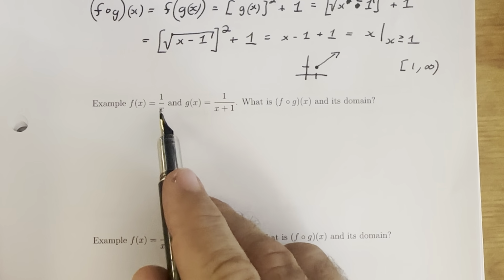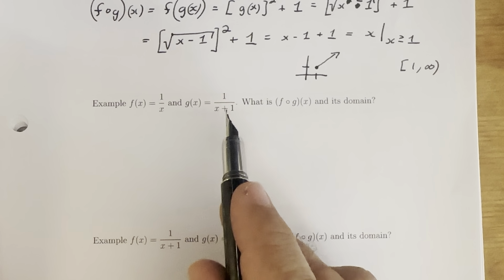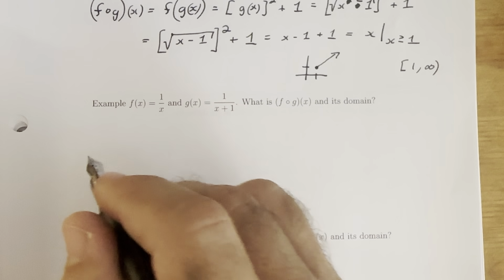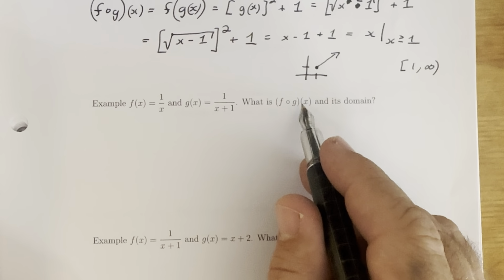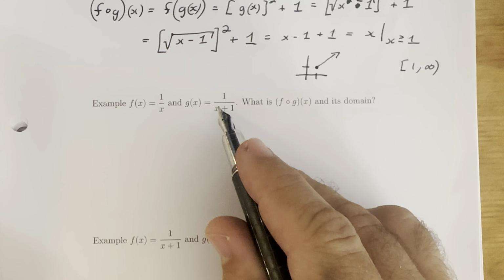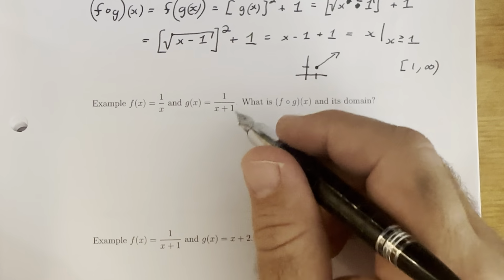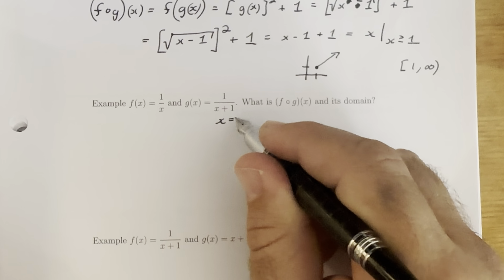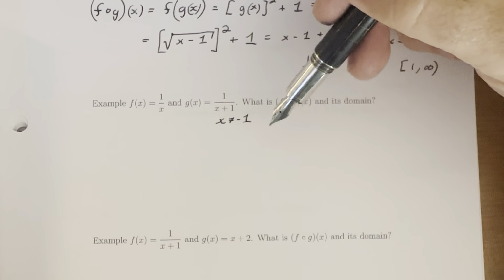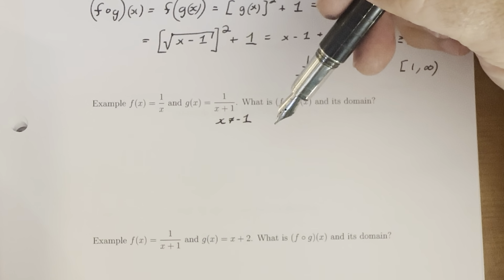We have the example 1 over x for f. G is 1 over x plus 1. We're calculating f composite g of x. So note that because g is being stuffed into f, we need to worry about the domain restriction here, but not necessarily in f. So here we see that x cannot equal negative 1. Why is it negative 1 and not 0?